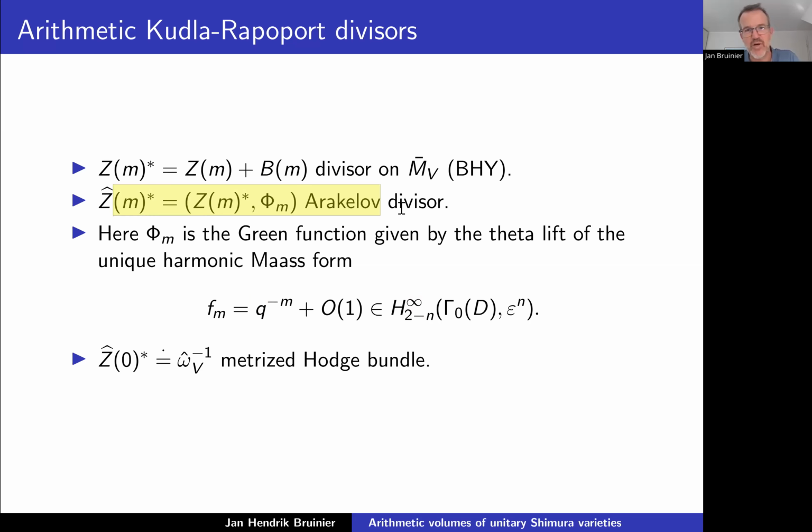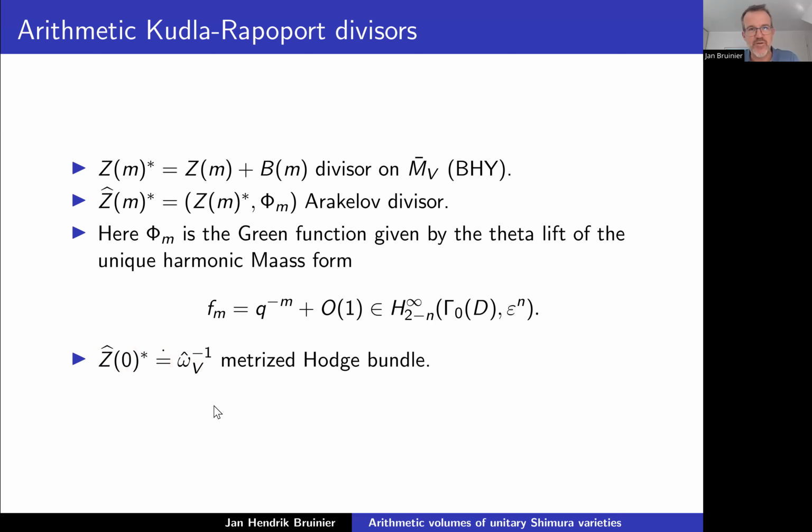And in this way, one gets an Arakelov divisor. Okay, so this is for positive m. Then we also have to say what we do for m equal to 0. For m equal to 0, we just take the negative of the metrized Hodge bundle as the Kudla-Rappaport divisor of index 0. Okay, so now we have for all non-negative integers such Arakelov divisors or classes in the arithmetic Chow group.